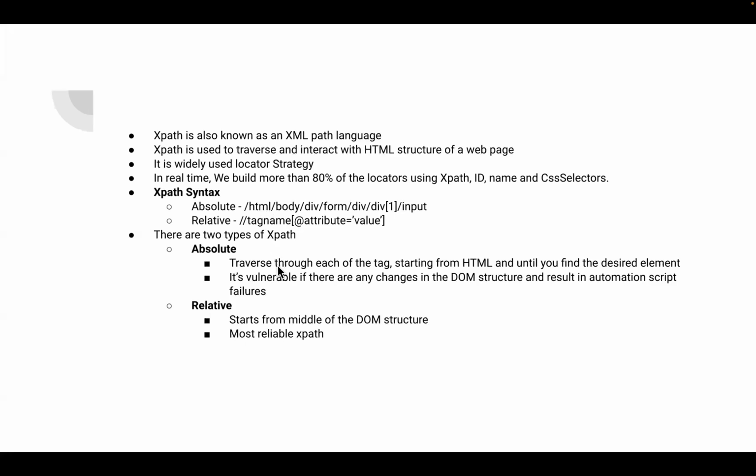So that's why we don't use absolute XPath, and we mostly use relative XPath. Relative XPath starts from the middle of the DOM structure, and this is the most reliable XPath.